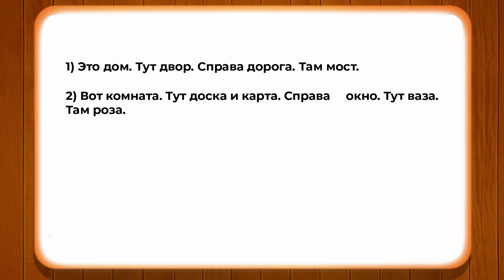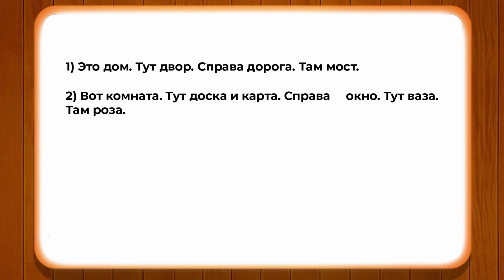For example, the first one, "Это дом," this is a house, "Тут двор," "Справа дорога," "Там мост." Here we already know "двор" means courtyard, "дорога" means way, "там" means there, "мост" means bridge.